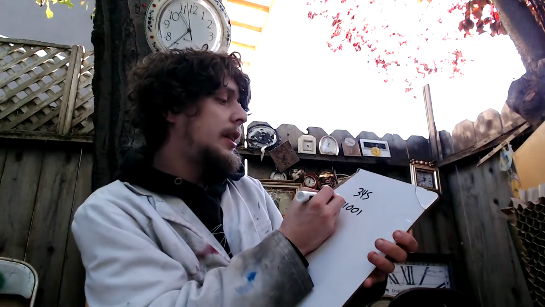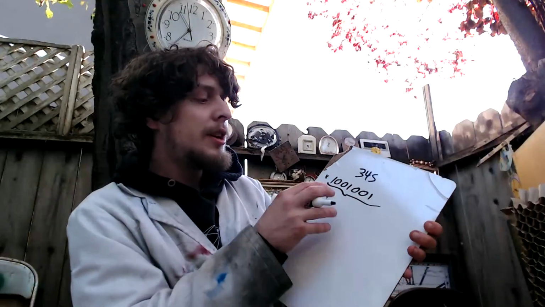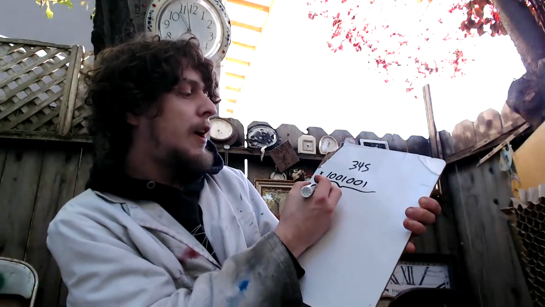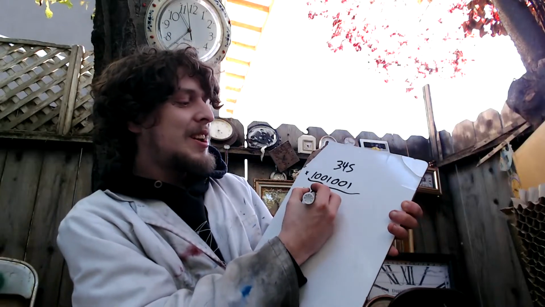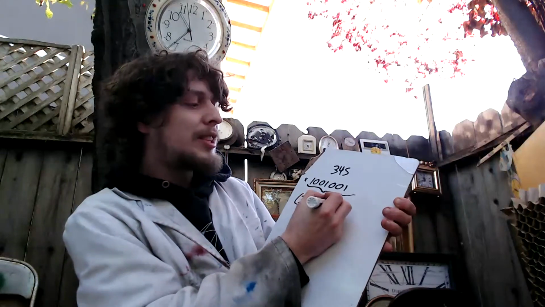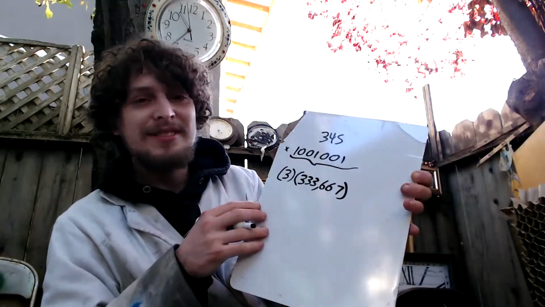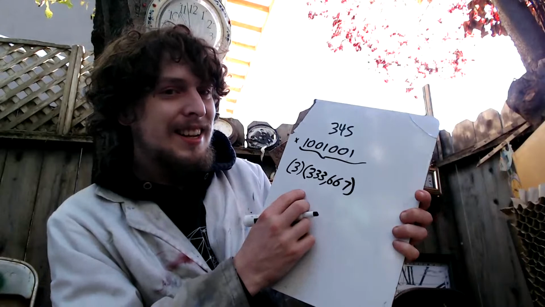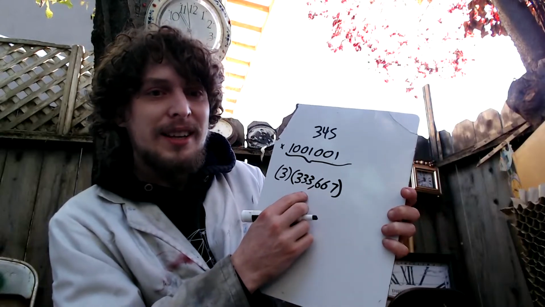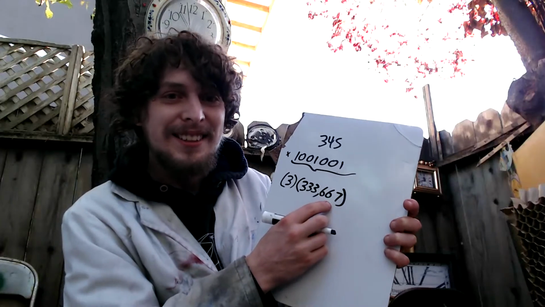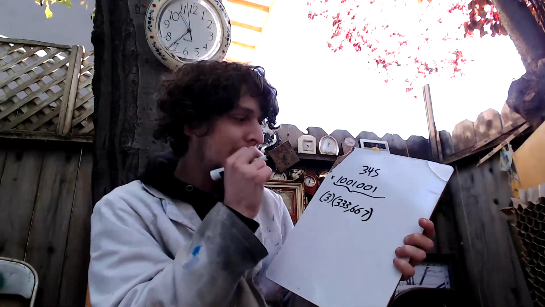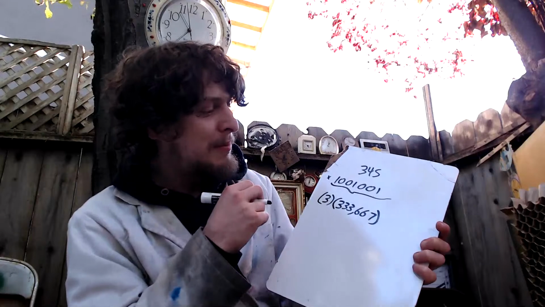So to get that, I need to know this thing's factors, and they look kind of neat. This thing's factors are 3 times 333,667. It looks like all threes rounded. It looks like a third rounded and then 2/3 rounded of 1,000. You know, like that would round down, that would round up.